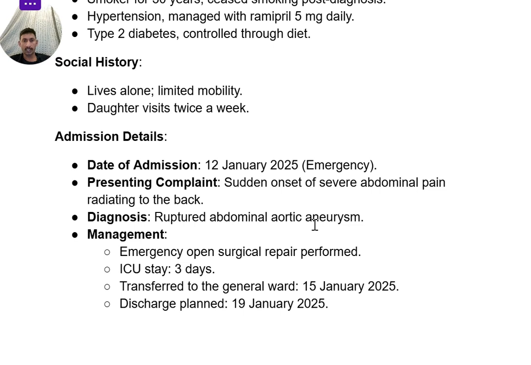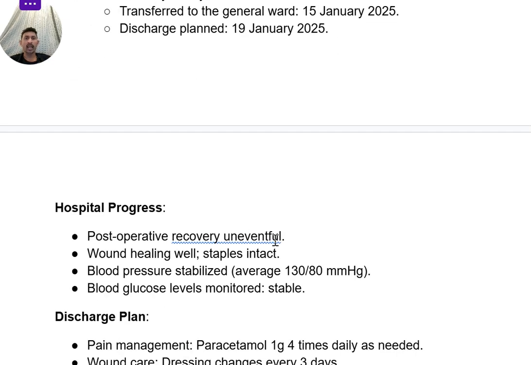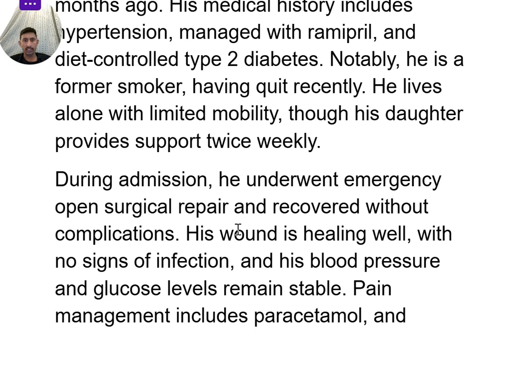So there was a surgery performed, emergency open surgical repair, and we are not saying the 3 days, but instead we are saying recovery was uneventful. That means there are no complications after the surgery. Then we are saying his wound is healing well with no signs of infection, and his blood pressure and glucose levels remain stable.